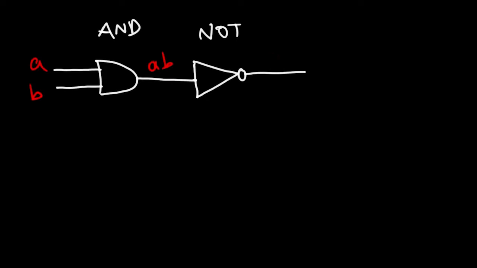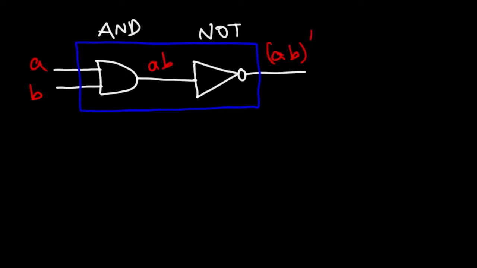So the complement of AB is just AB prime. And so the combination of these two logic gates will produce, or is equivalent to, a NAND gate.